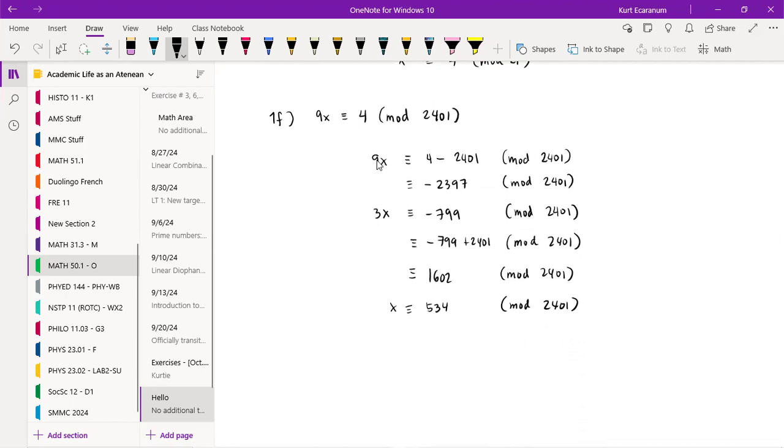The reason, again, is because napakalaki ng 2401, pahihirapan pa natin yung sarili natin kung left side yung pakikialaman natin. Yun lang.